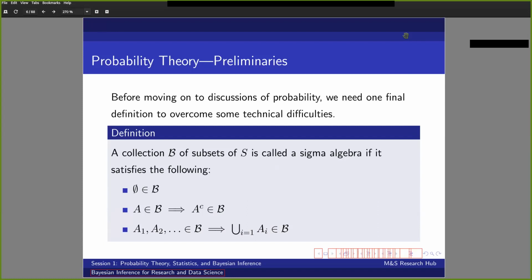Next, the set A being an element of B implies that the complement of A, or any elements that are not in A, is also an element of B. In other words, we say that the set B is closed under complementation. And last, a number of sets being elements of B implies that their union is also in B. In other words, the set B is closed under unions.